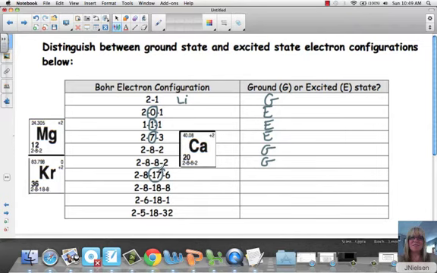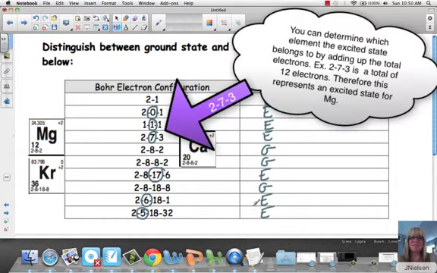One of these electrons jumped from the third principal energy level to the fourth principal energy level. 2,8,18,8, that's found on the periodic table, so that's ground. 2,6, well, there's the problem right there, because that should have 8 before we add any more. Therefore, this is excited. And the same problem with this one. 2,5, that should have 8 before we continue. So that's also excited. So remember, if you can't find it on the periodic table, it's excited.